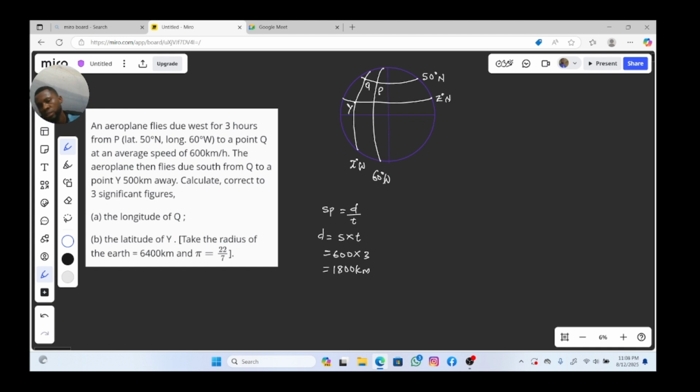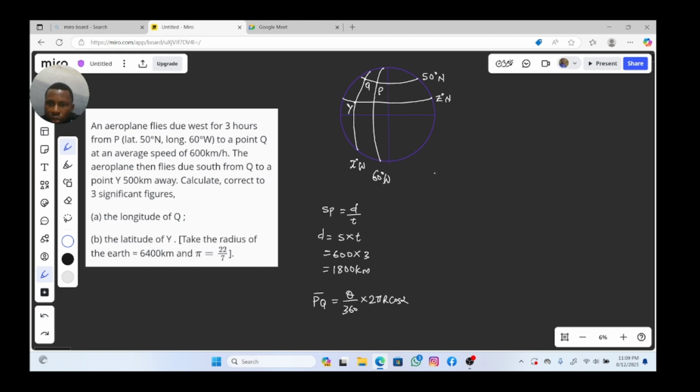But we are not looking for distance, we needed to calculate the angular difference between point Q and point P. So what do we need to do? We say that PQ distance is equal to theta over 360 times 2 pi R cos alpha, because the distance is along the latitude. So theta is what we are looking for. We don't know it, but we know the value of PQ, which we have calculated.